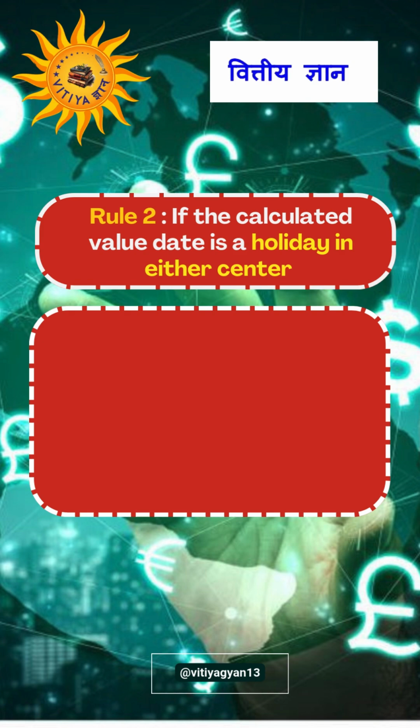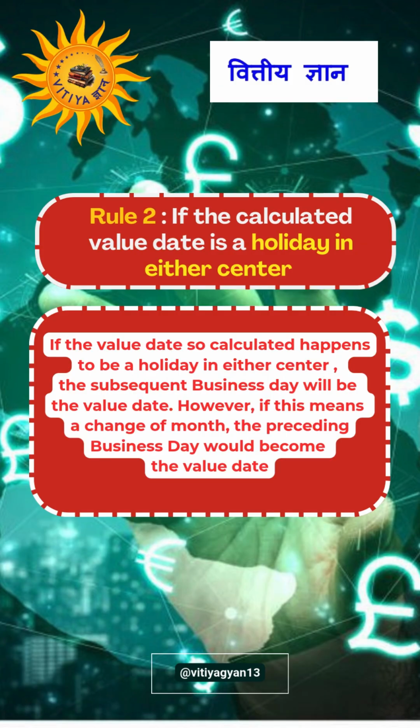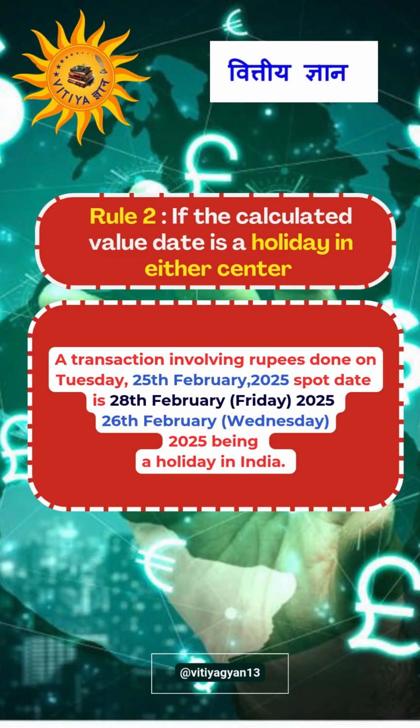Next is Rule 2. If the calculated value date is a holiday in either center. If the value date so calculated happens to be a holiday in either center, the subsequent business day will be the value date. However, if this means a change of month, the preceding business day would become the value date. Let's understand with an example.